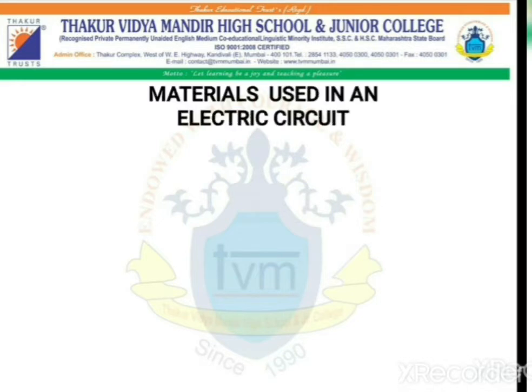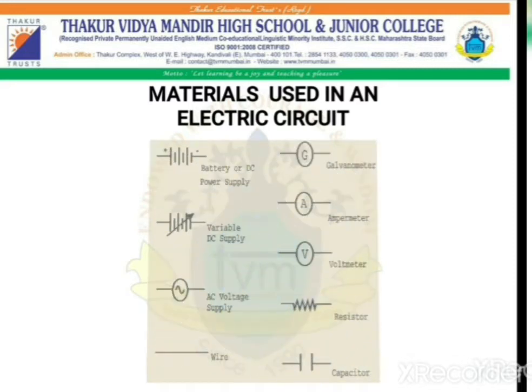The materials used in this electric circuit are: the first one is a battery or a DC power supply. The second picture is of variable DC supply. The third picture is alternating current voltage supply. The fourth picture is wire.